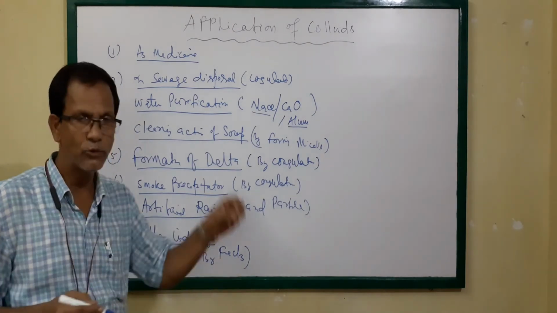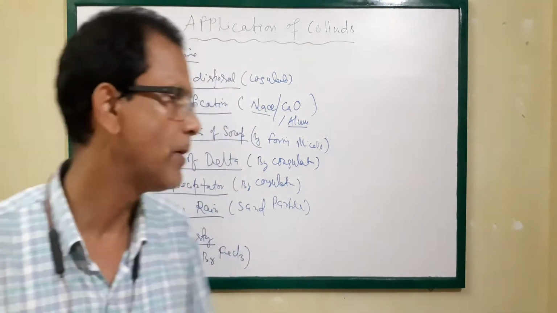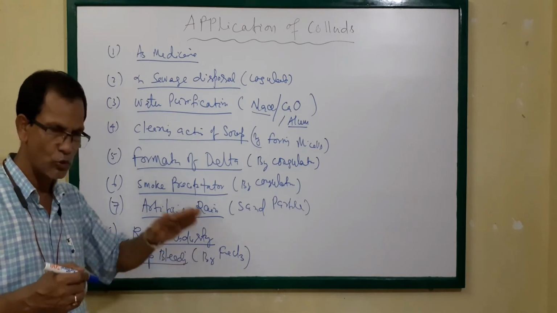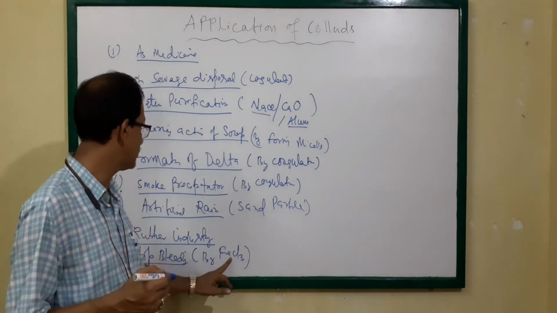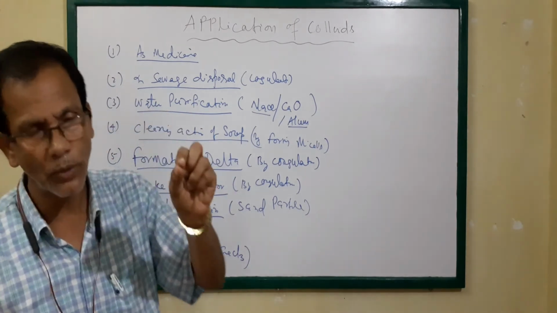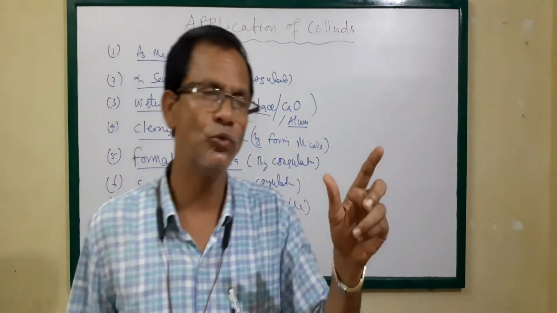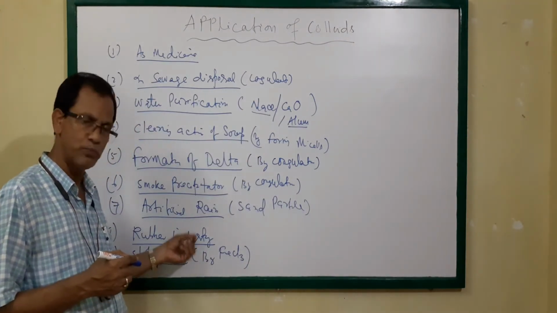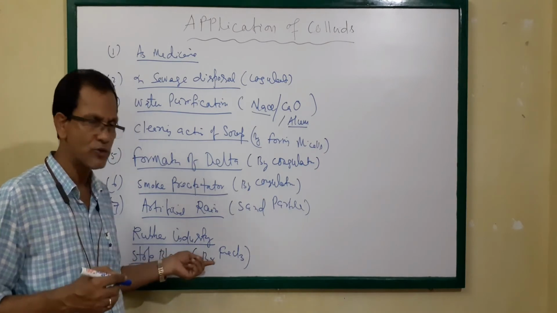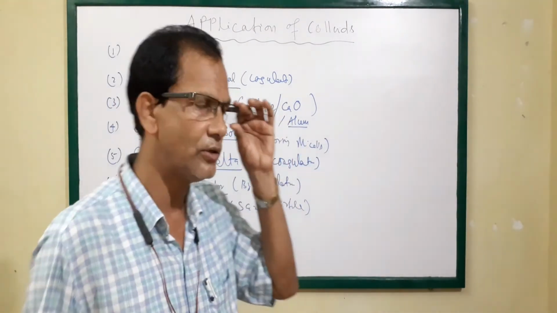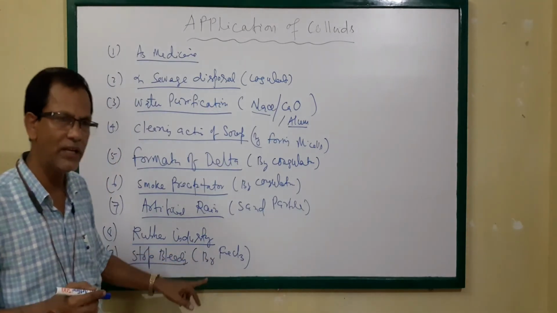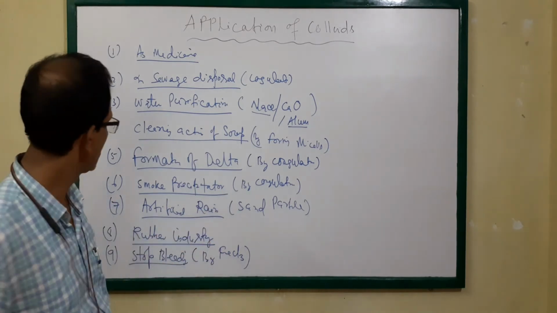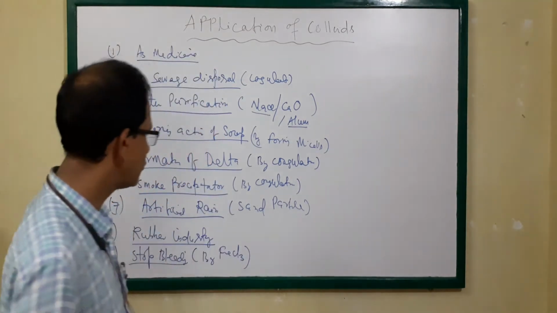When you apply ferric chloride solution at the wound or cutting place, this ferric chloride coagulates the blood particles at the release point, so that they are deposited at the veins and bleeding does not continue. That's why ferric chloride stops bleeding by the coagulation method.